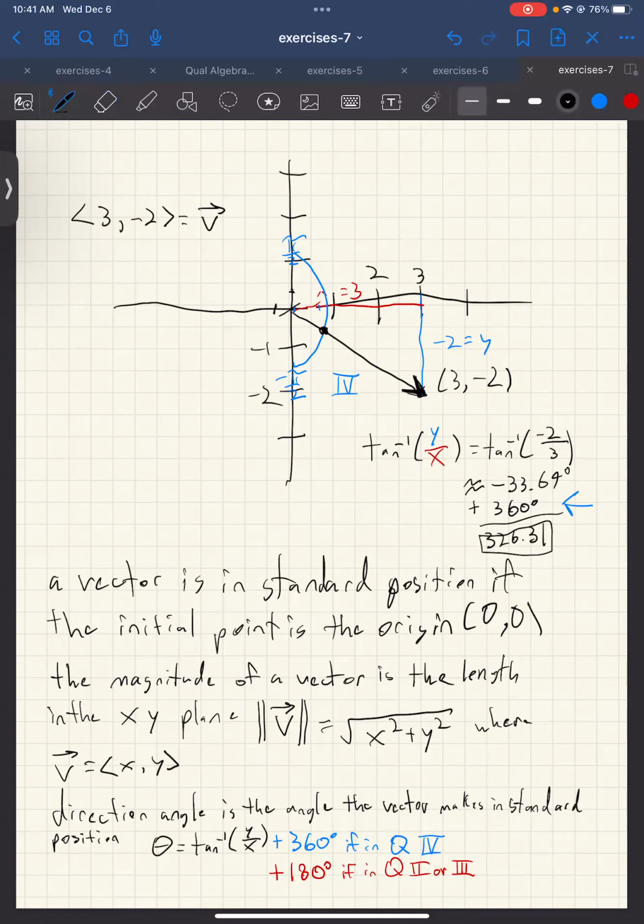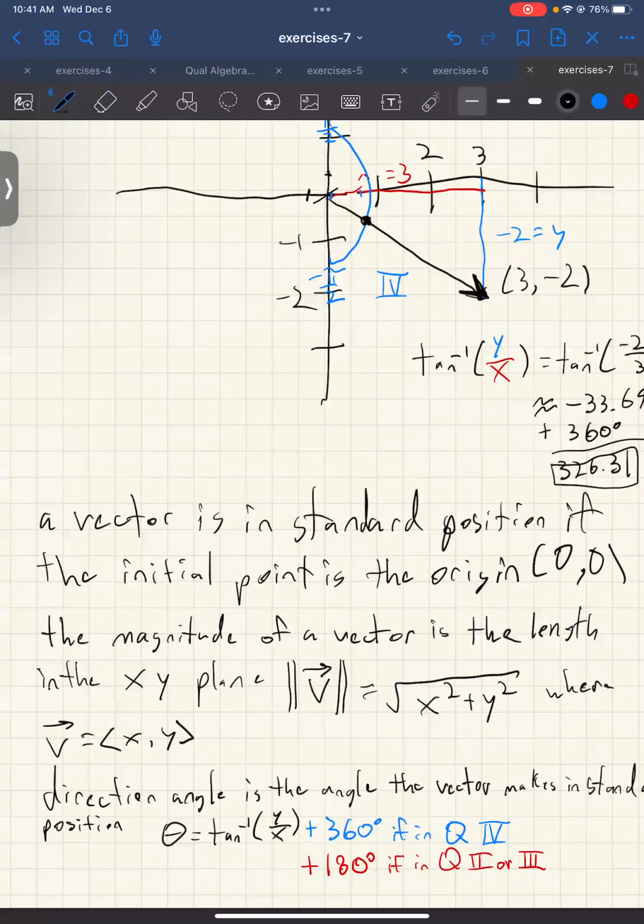And there are two different descriptions that we can really get from that. So we can do this component form that is just x comma y, or we can talk about the direction angle, this theta, and the magnitude. Well, if I have a direction angle, can I get the vector back from that?